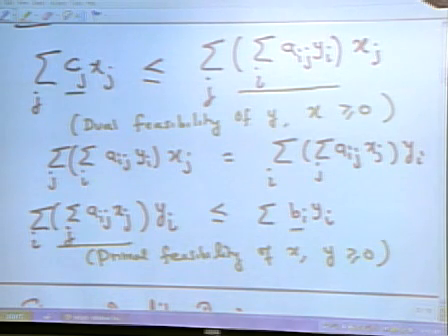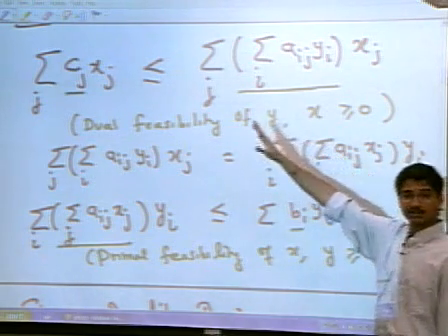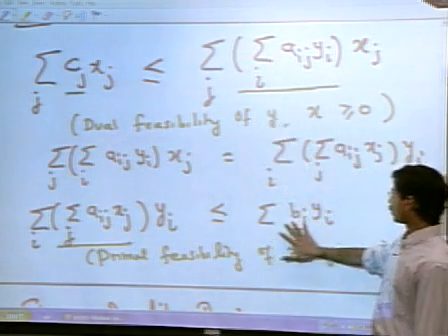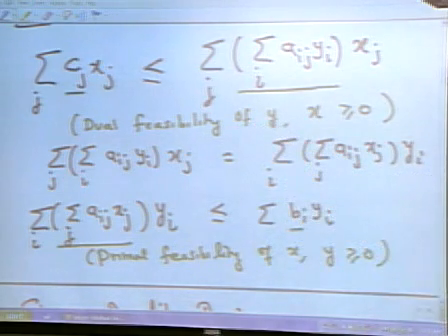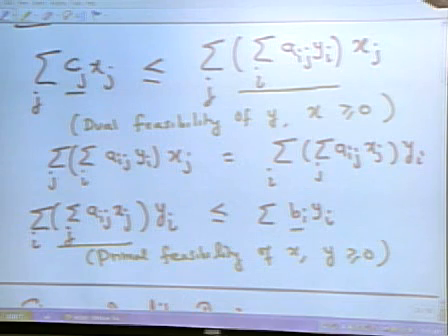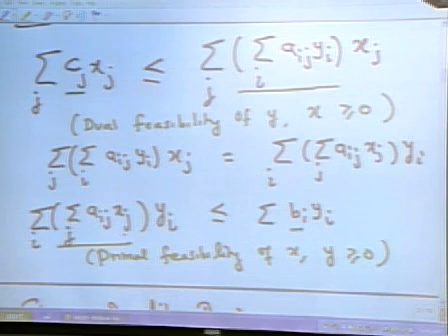Now, if the summation of Cj xj equals the summation of Bi yi, then for these two to be equal, all of these have to be satisfied as equalities.